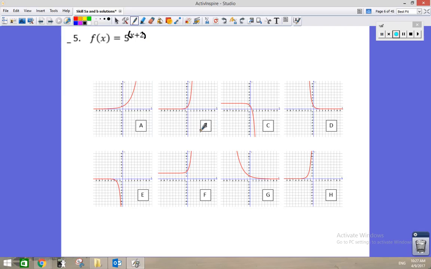Initially, when we learned those transformations, your guess might have been that it would shift the graph to the right 2 units, but it actually behaves in a bizarre way, and it shifts to the left 2 units. So instead of this being at (0, 1), we're at (-2, 1). We're shifting this graph to the left 2 units. So that's what we're looking for here.